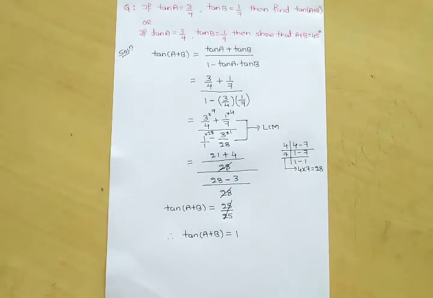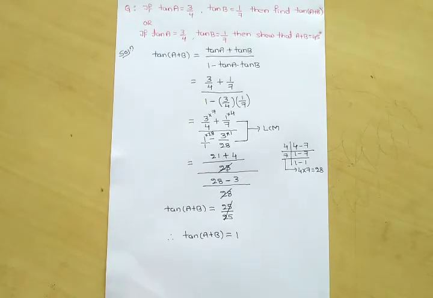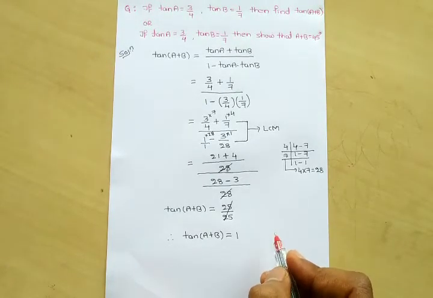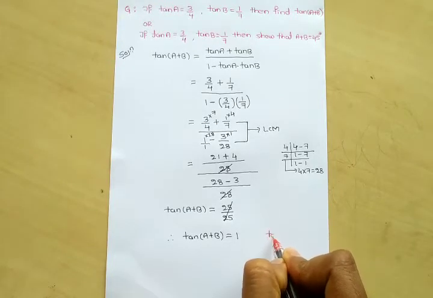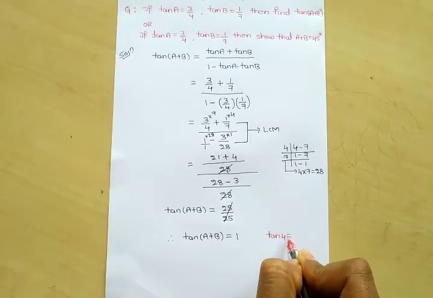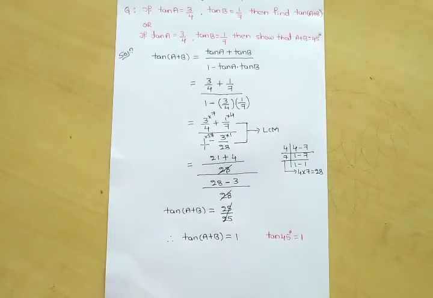So in inverse trigonometric functions, correct? Next step, you need to apply the inverse trigonometric function. In inverse trigonometric, if you know tan 45 degree value is how much here? 1, correct? Tan 45 degree value is 1.